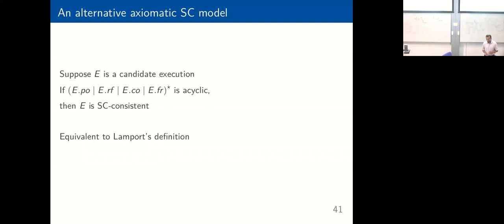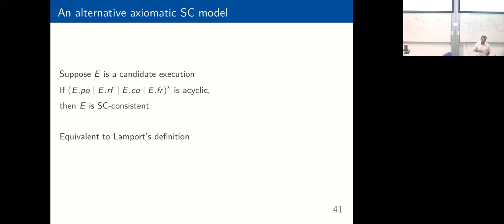And once you have coherence and RF going, then because nothing else snuck in between the read, FR is also included. So that direction, hopefully, is easy. The other one is, like I said, a bit harder.